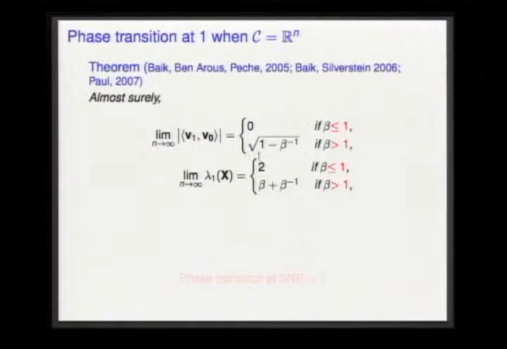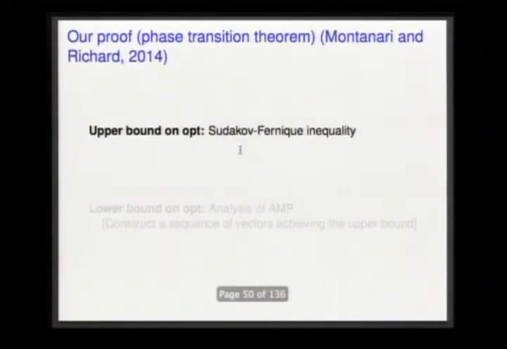So basically we are seeing a phase transition at 1: if beta is larger than 1, we get a non-trivial eigenvector associated to this eigenvalue. But if beta is smaller or equal to 1, we get an orthogonal eigenvector associated with the eigenvalue 2.